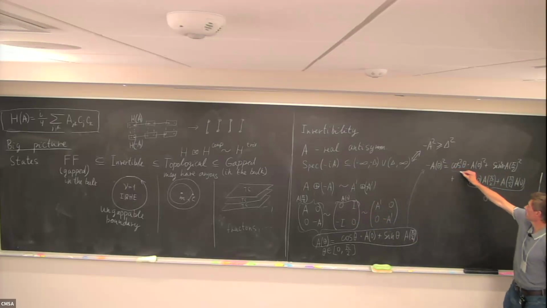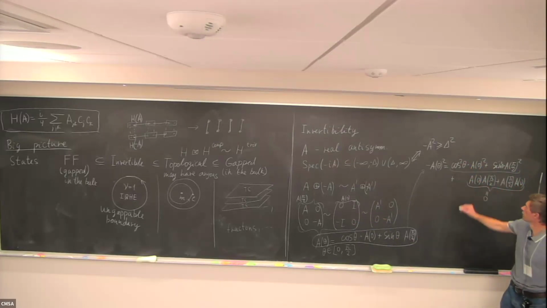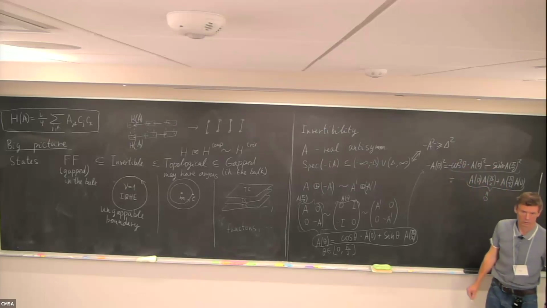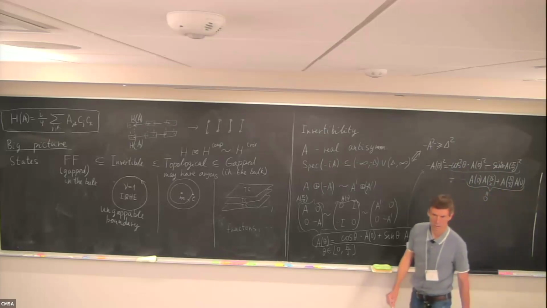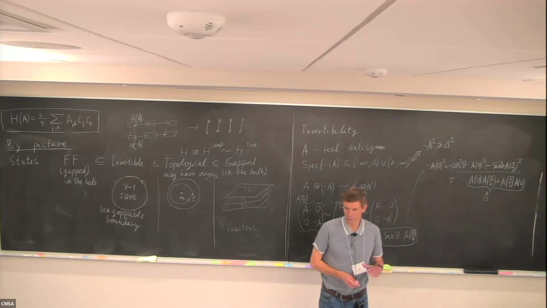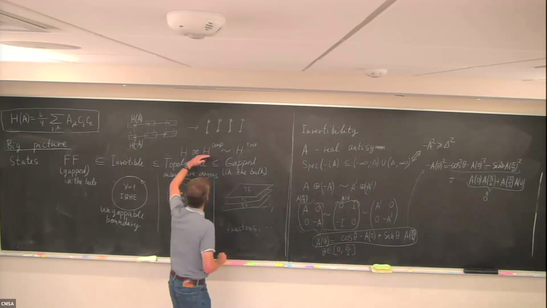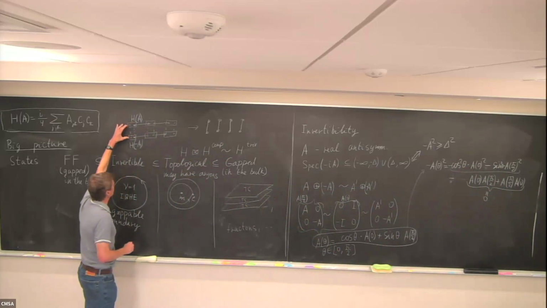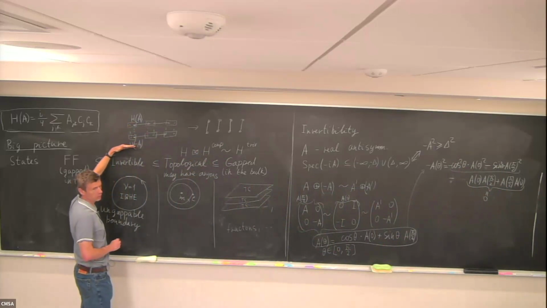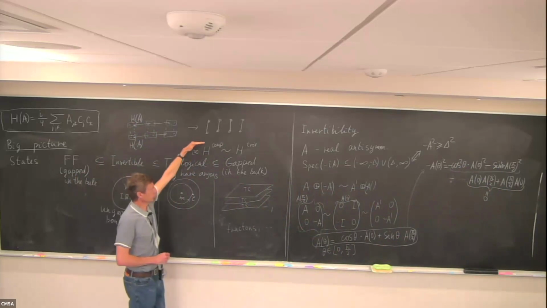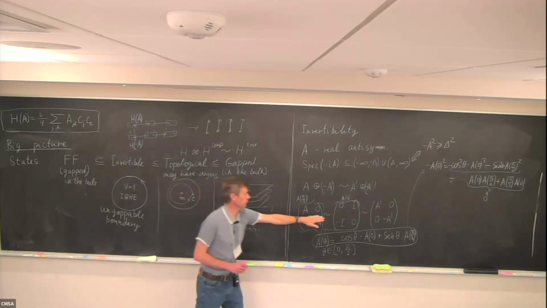If we look at those two terms, if A0 squared is greater than delta squared, and this is also greater than delta squared, then the sum is also greater, with a minus, of course. So we can continuously connect two copies of the system, one copy taken with a minus sign, to this intermediate system that is called trivial, this one.